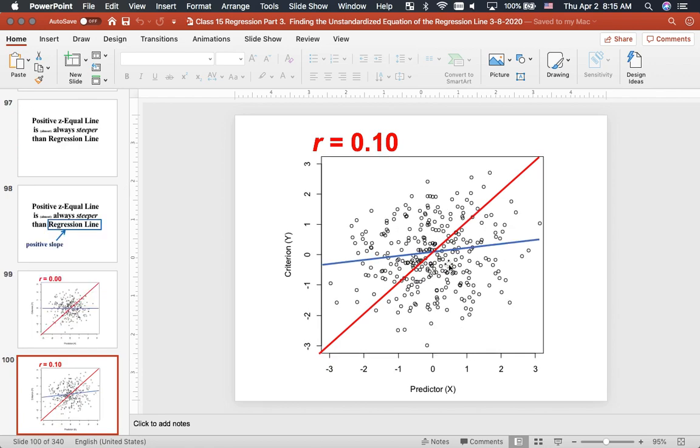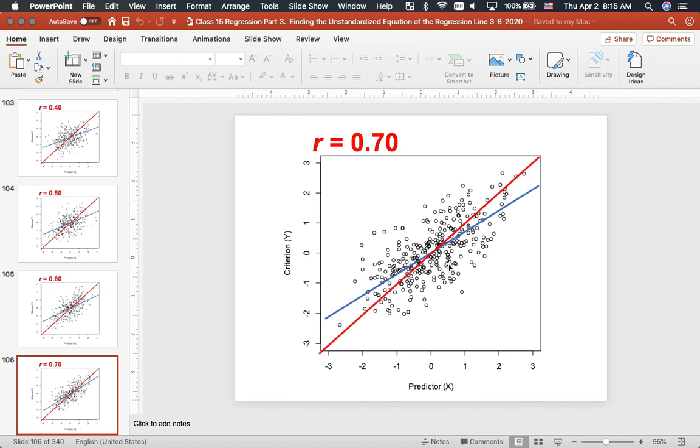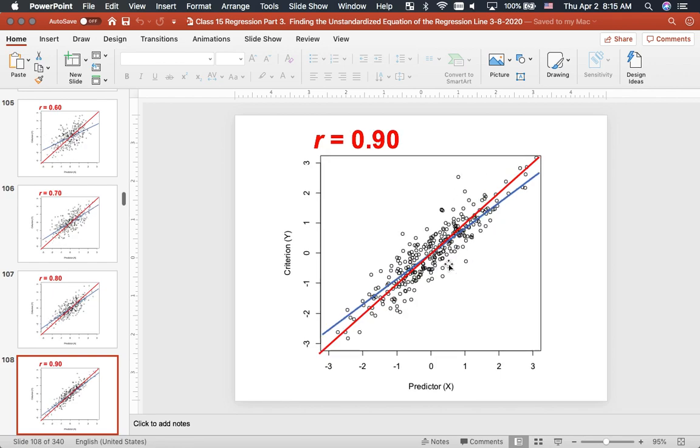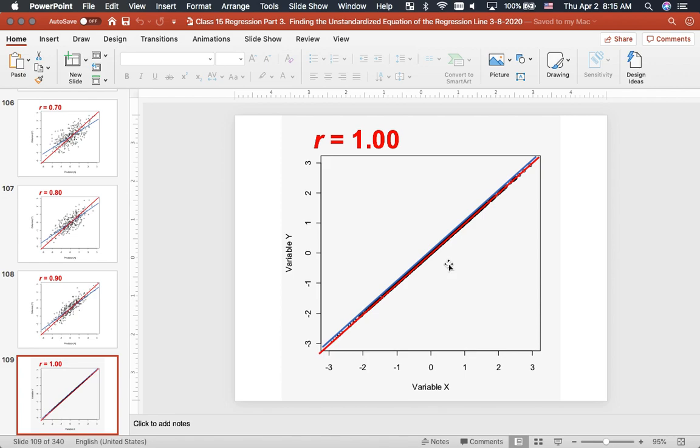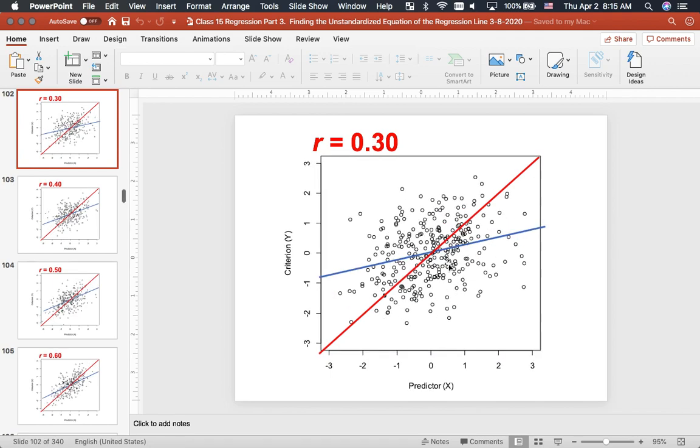As r approaches 1, as it increases, you can see that the regression line is actually approaching the slope of the z equals line. And only when r equals 1, a perfect relationship between x and y, is the slope of the SD and regression line the same.